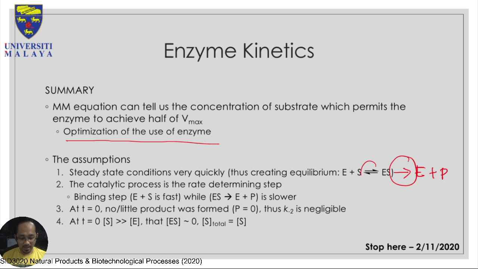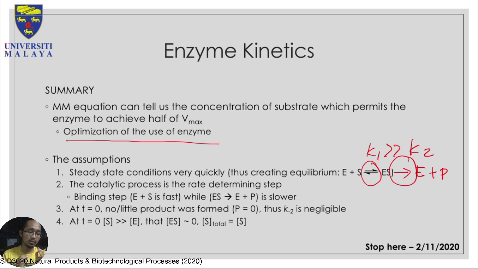So you can have a very high K1 over K2. If this happens, in the mathematical expression you will say that K2 is the K catalytic, because it is the rate determining step of the product formation. Okay, so I wrote that the binding step E plus S is fast, while ES producing E plus P is slower. The third assumption is that at T0, or initial reaction, there is no or little product formed.